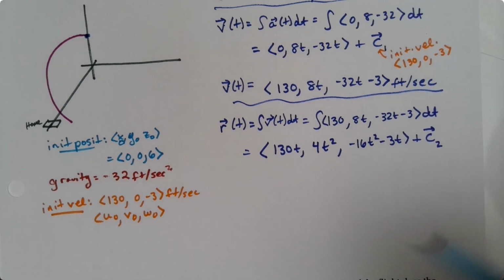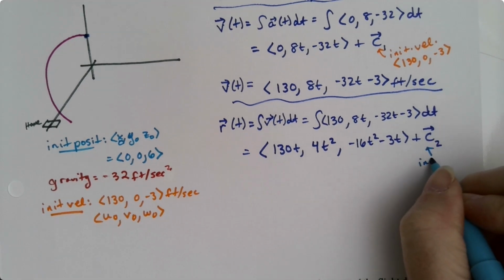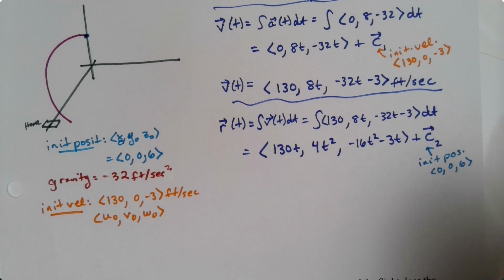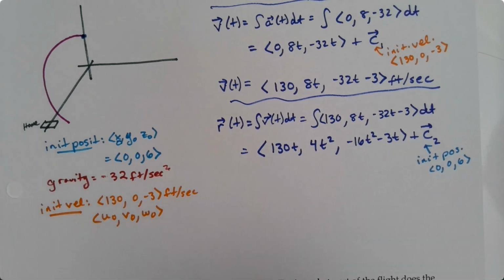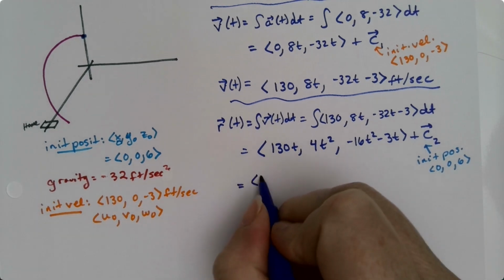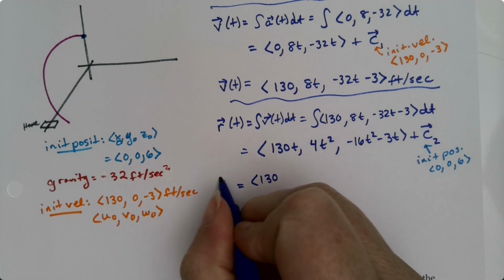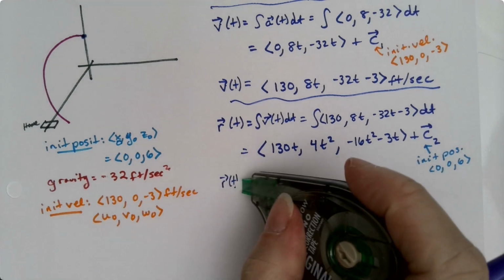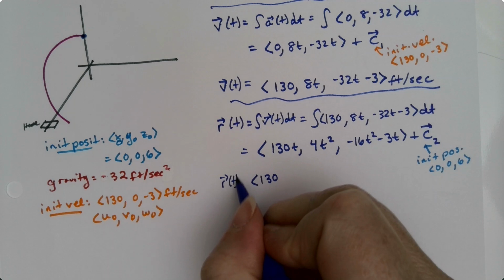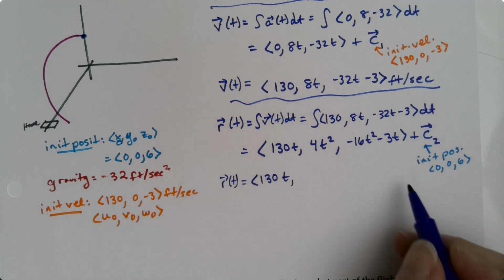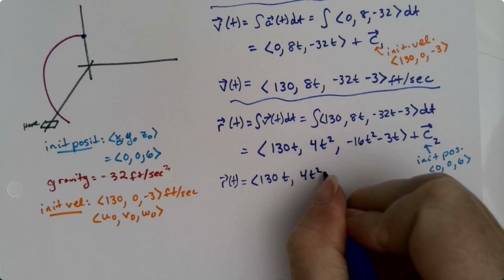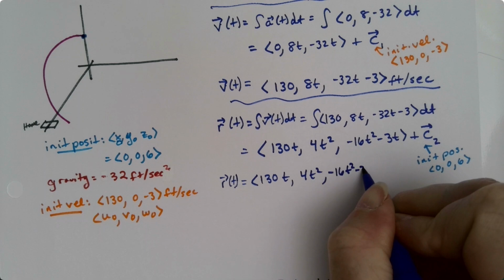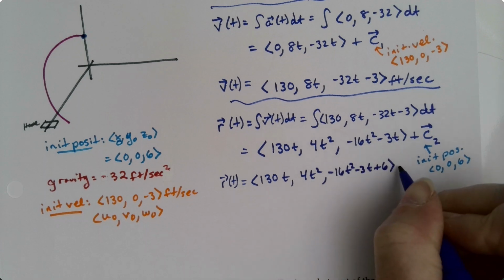And that constant vector would be initial position, which was 0, 0, 6. Therefore, position is 130t, 4t squared, and then negative 16t squared minus 3t plus 6. And that'd be feet.